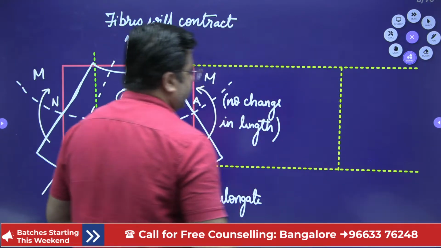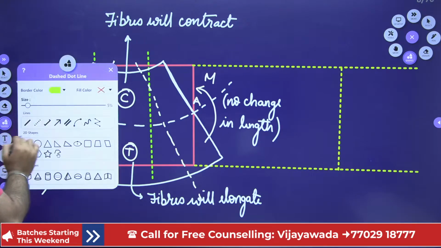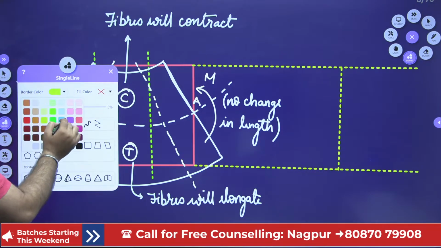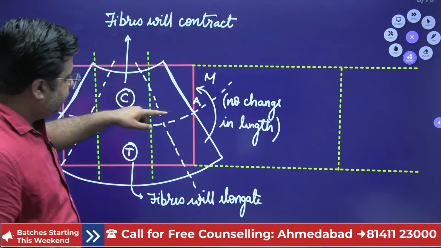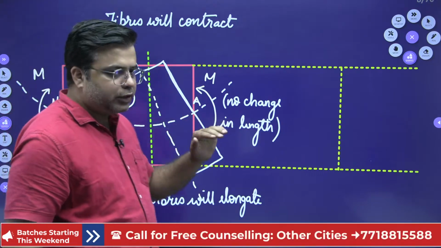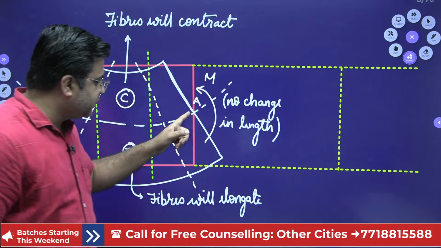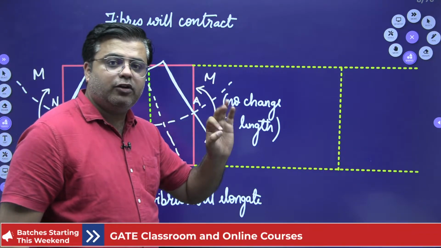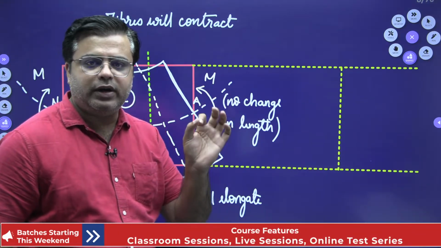Okay. Now observe this. This neutral axis will not show any change in length, right? So this neutral axis has the zero value of strain, since delta L, that is the change in length for the neutral axis, is 0.